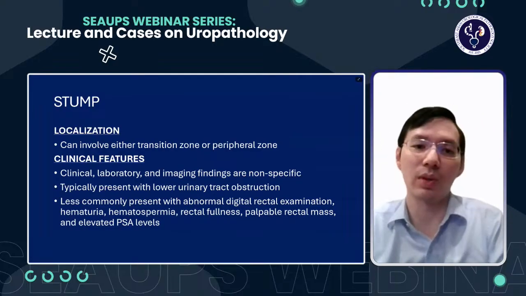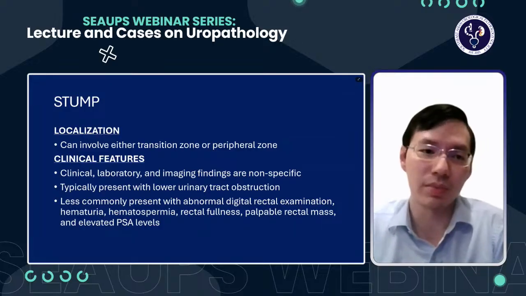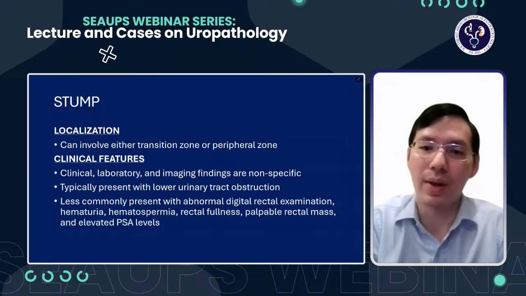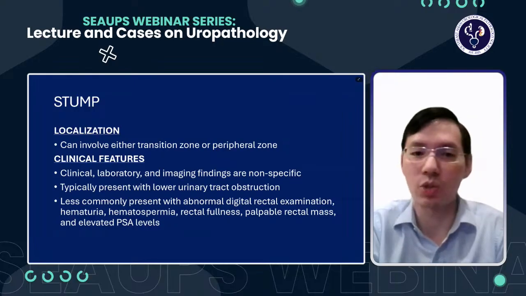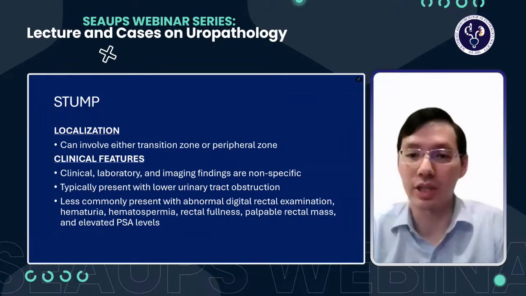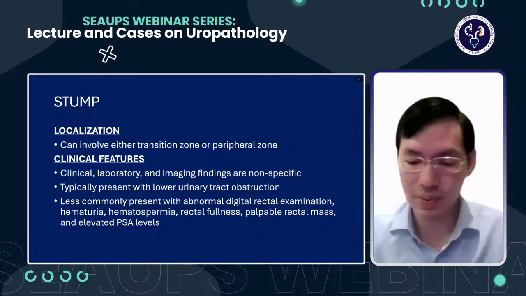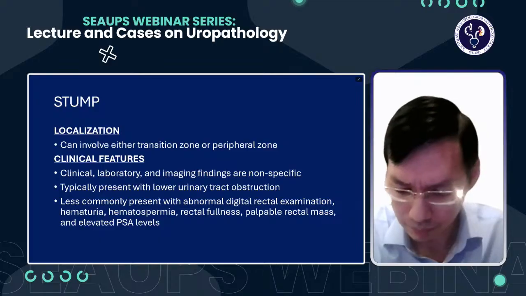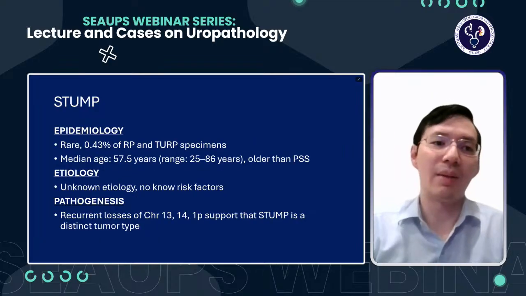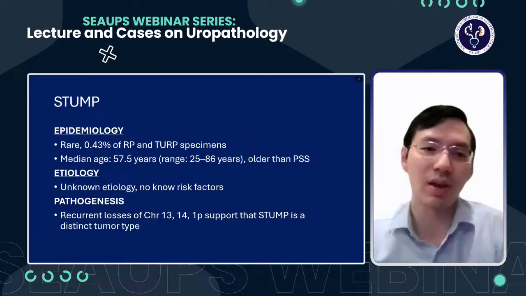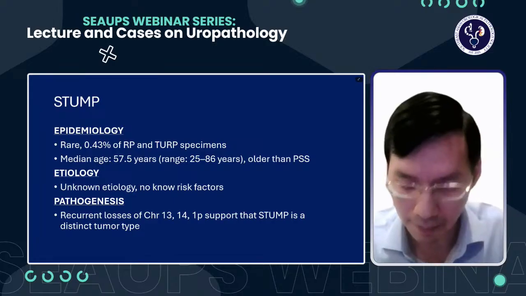Typically, the patient presents with lower urinary tract symptoms. Less commonly, they can present with an abnormal rectal exam, hematuria, hematospermia, rectal fullness, palpable rectal mass, and/or elevated PSA, like in this case. It's a rare tumor, accounting for less than 0.5% of RP and TURP specimens.